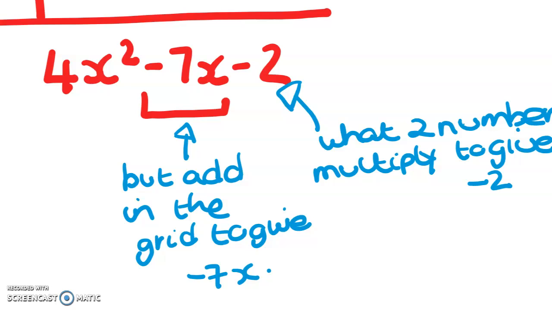Now, what two numbers multiply to give minus 2? Well, sure, wouldn't it be minus 2 multiplied by 1? Or it could be minus 1 multiplied by 2, isn't it?